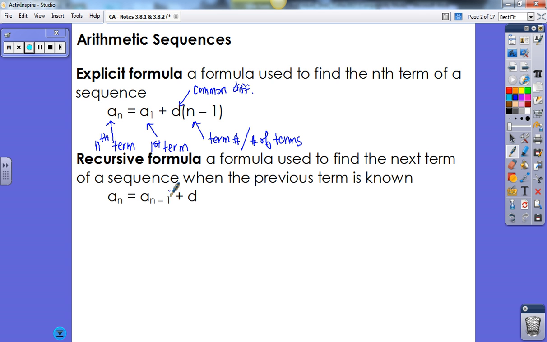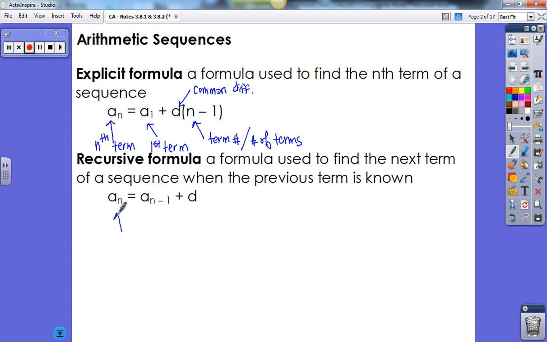If you recall, the recursive formula is not quite as useful, but we still need to know what it is. It's used to find the next term, but you have to know the previous term. So in this case, I need to know the first term, but then I can also find the 500th term if I wanted. If I was looking for the 500th term, I would need to know the 499th term in order to do that.